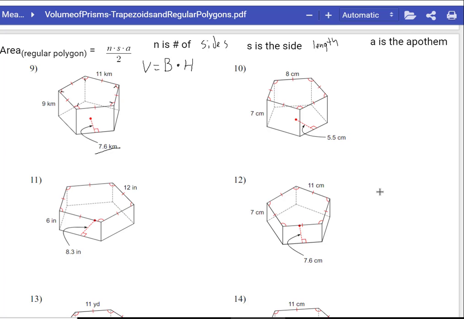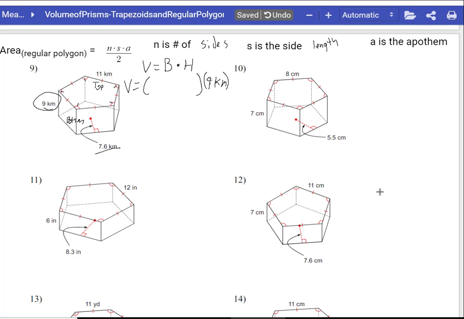So let's figure this out. This pentagon repeats from the top to the bottom right here. We have to figure out the area of the base, b, and how many times it repeats: 9 kilometers. So I'm going to write this: it repeats 9 km times. What's this b? It's going to be n times s times a, divided by 2. How many sides does it have? It has 5. It's a pentagon.